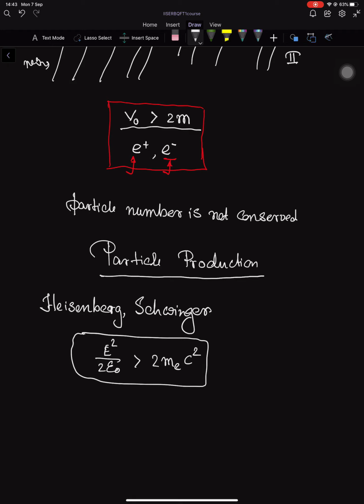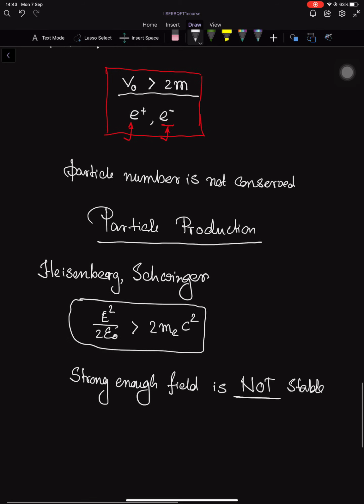try to understand the importance of this. The importance of this phenomenon is that it means a strong enough electric field is not stable. It decays to a pair of particles, particle and antiparticle.